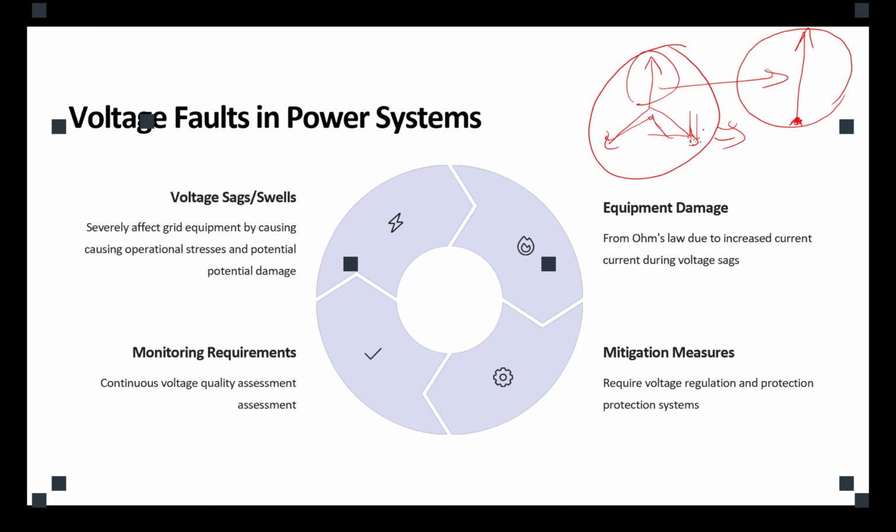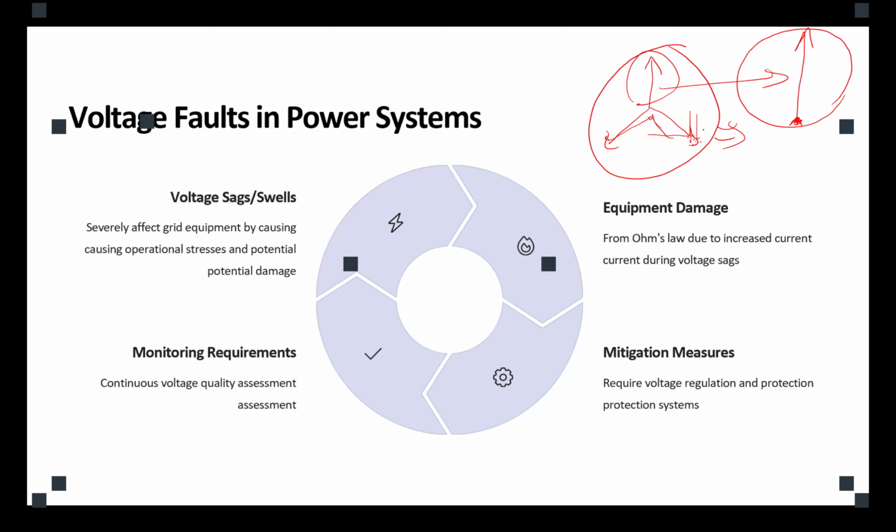If we have such a thing, what is the result based on Ohm's law? We have a huge potential difference and low resistance, meaning we are going to face a huge amount of current. When we have a huge amount of current, what's going to happen in our system? What was the result of having high current in a resistive system? Anyone can tell me?